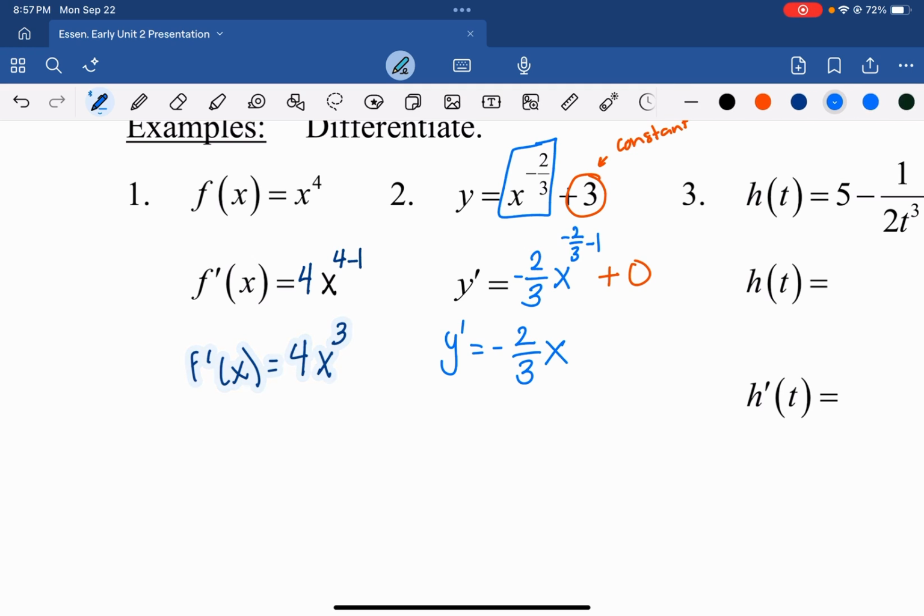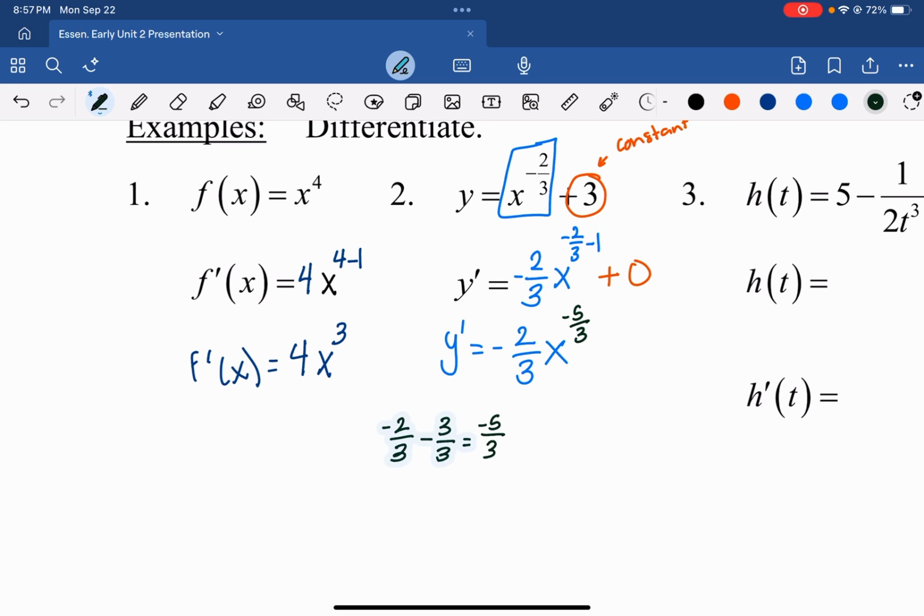Let's pick a different color and work it out over here. Negative 2/3 minus 3/3. Same denominators, so I just need to worry about the numerator. Negative 2 minus 3 gives me negative 5/3. So we have negative 2/3 x to the negative 5/3, and then my plus 0.